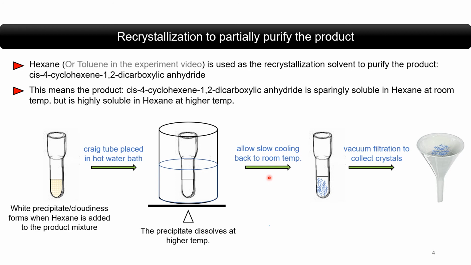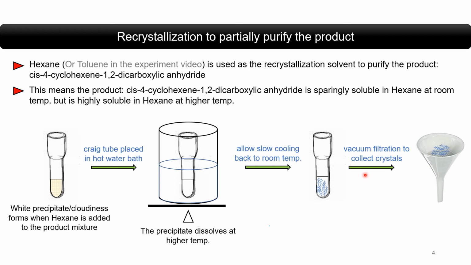And with slow cooling, we allow selective crystallization to happen, so our product molecule can form interactions with other product molecules and form a very nice crystal and eliminate the impurities. So we will see crystal formation, and in the Tuesday lab we used vacuum filtration to collect these crystals.